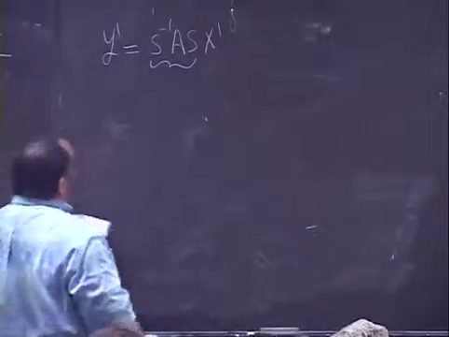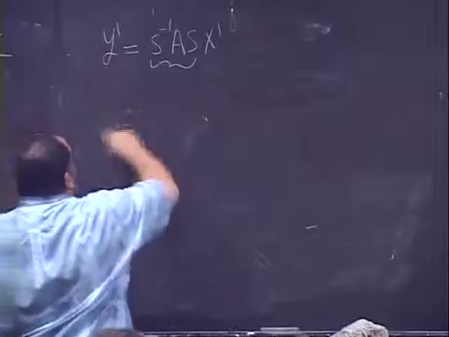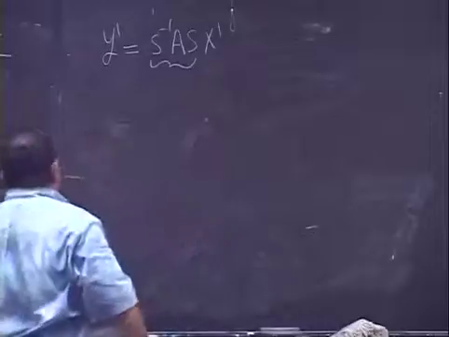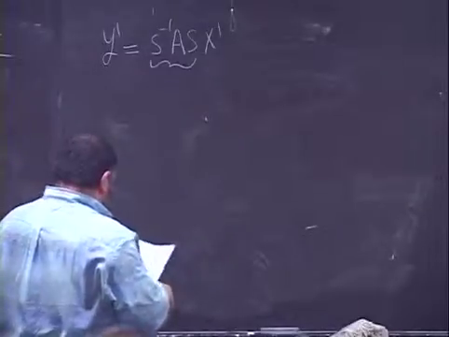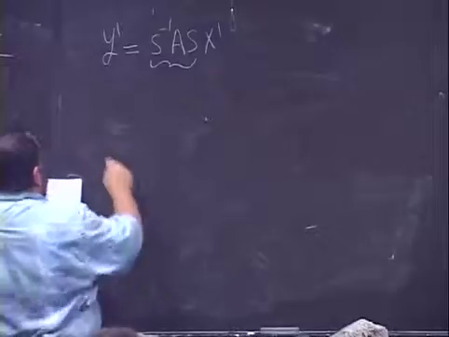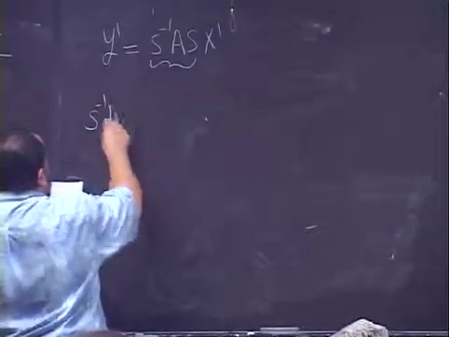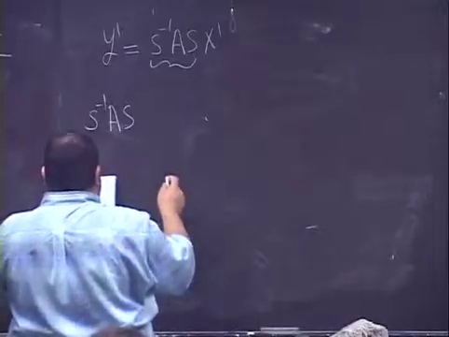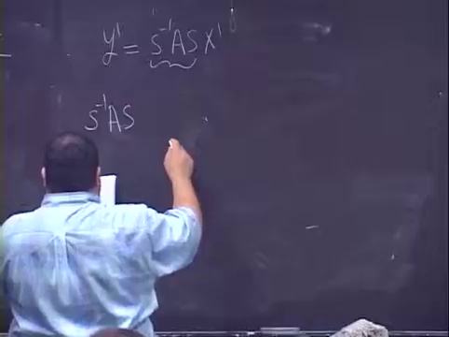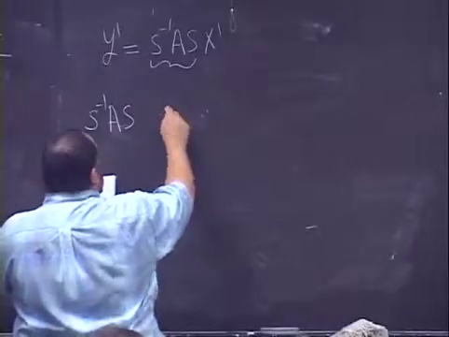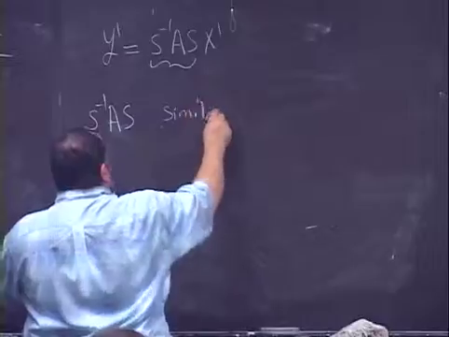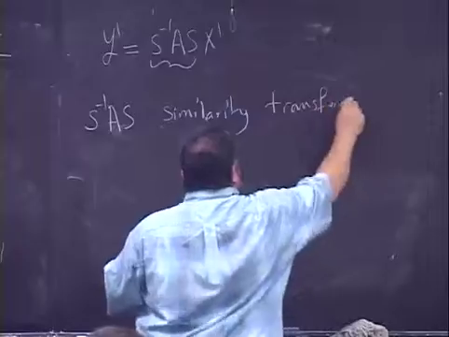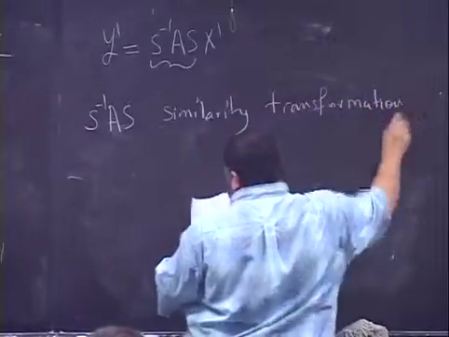Similarity transformation operator. So y prime equals this multiplied by x prime. So S minus 1 A S is what we'll call similarity transformation.